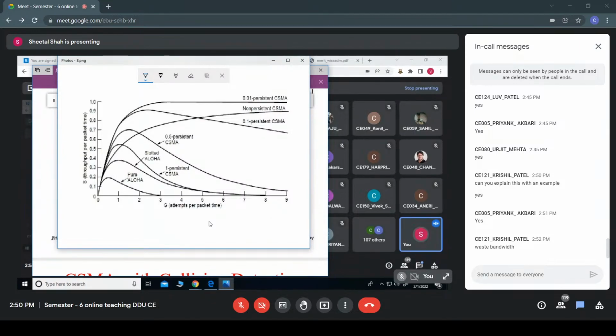Here it is a 50% chance to transmit a frame or defer to the next slot. So this is the comparison of the various CSMA algorithms.